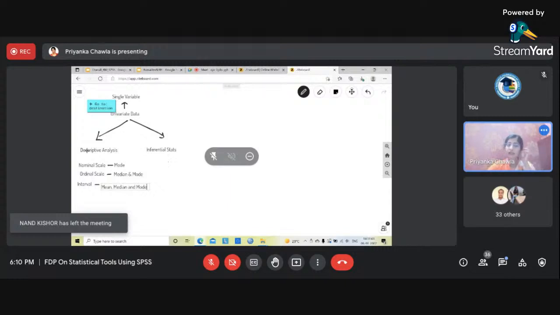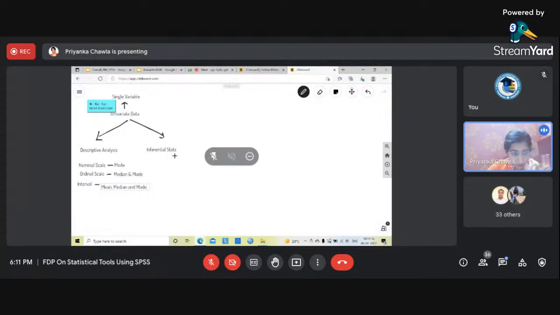Now, we are simply describing the data, but with the help of inferential statistic, we come up to the conclusion based on the test. So there are two types of hypothesis. We know that null and alternative. But how to form this hypothesis? Either we compare mean or we make association, right?